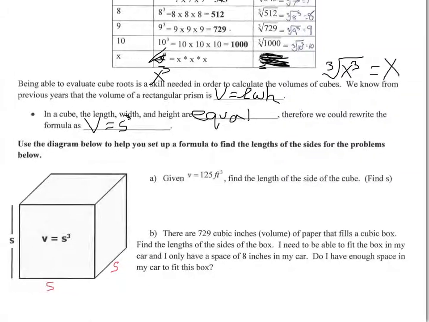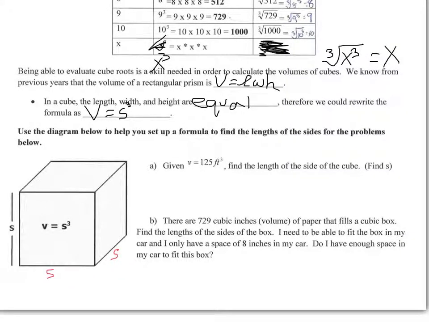Letter A. Given that the volume is 125 cubic feet, find the length of the side of the cube. Well, we're going to use our volume formula. Volume equals side cubed. To solve, we know that the volume is 125 cubic feet. So 125 equals side cubed.